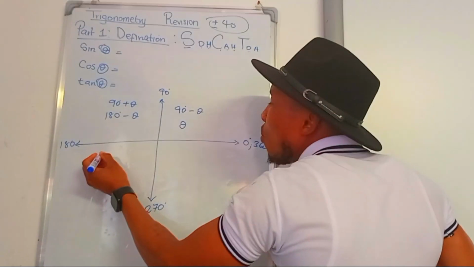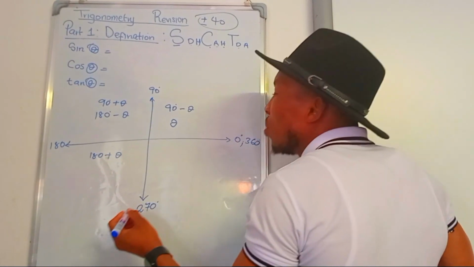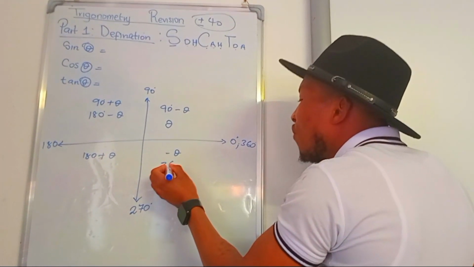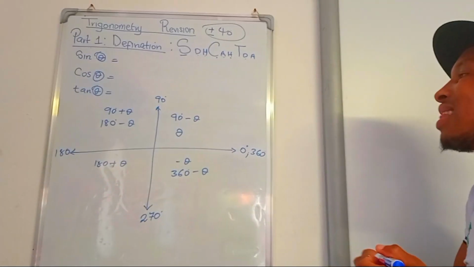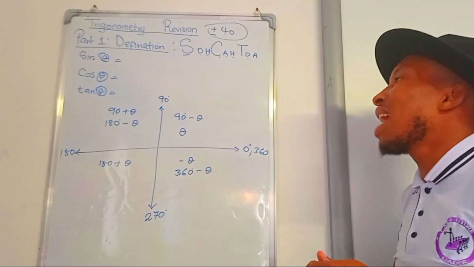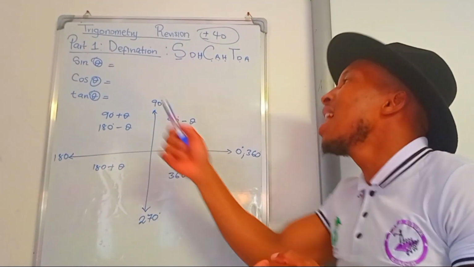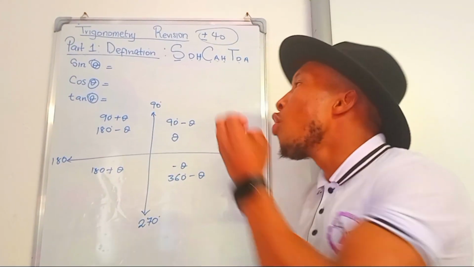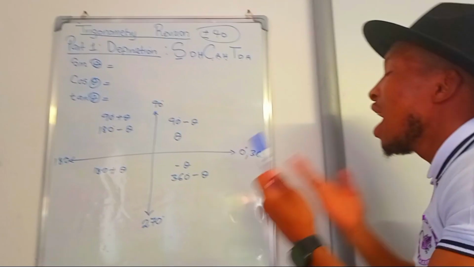Therefore, here we have 180 degrees plus theta, and also here we have a negative angle, and also we have 360 minus theta. We call this the reduction formula. This reduction formula helps us to reduce an amount of angle if the angle is greater than 90 degrees, because we always need this theta to be an acute angle.